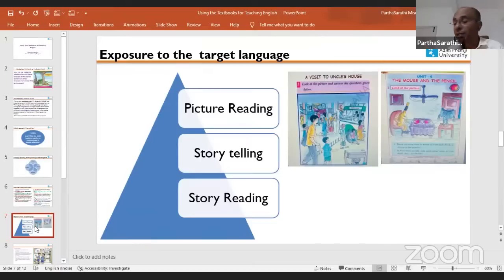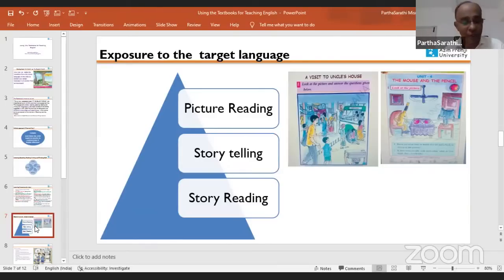But in the English classroom, what happens? We are so obsessed with the textbooks that we read those sentences. We force the children to read those sentences. We explain the meaning and we give the answers. They write the answers.